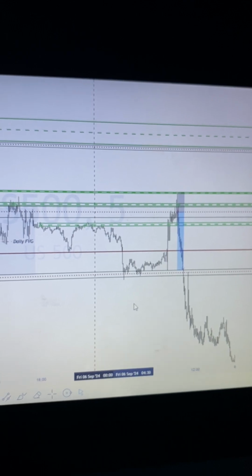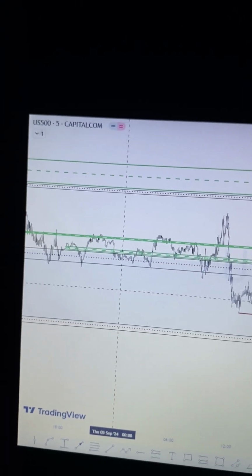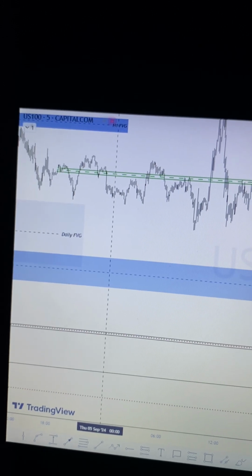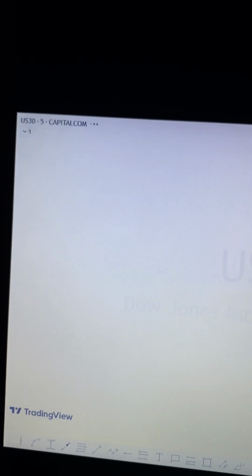But let's move on. Today I want to look at these 3 assets that I trade. It's US500 first. The second one is US100, which is Nasdaq. The third one is gonna be US30. So let's start off with this one. US30 high time frame analysis.